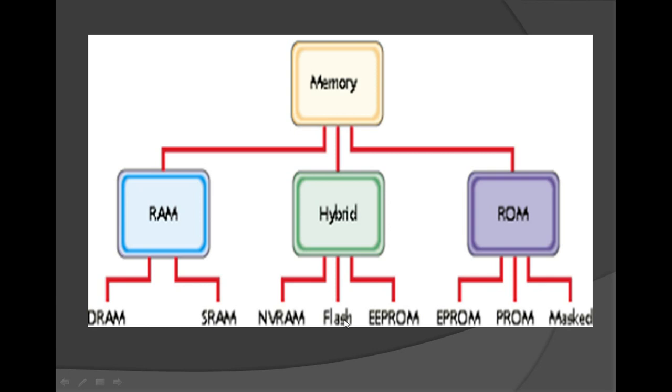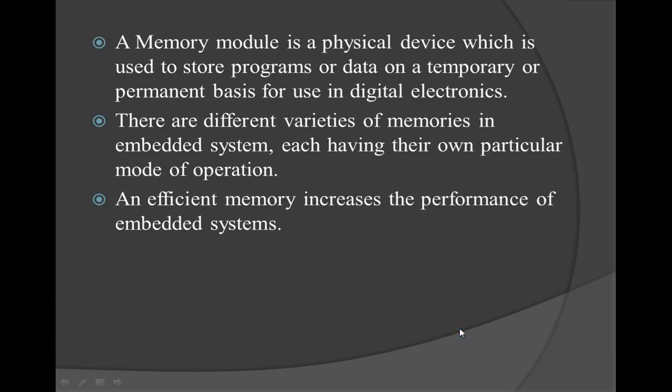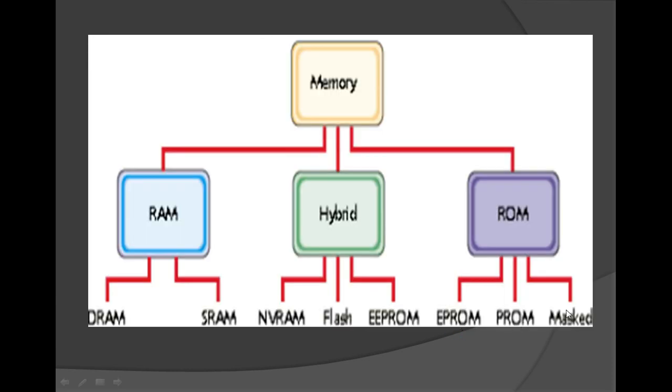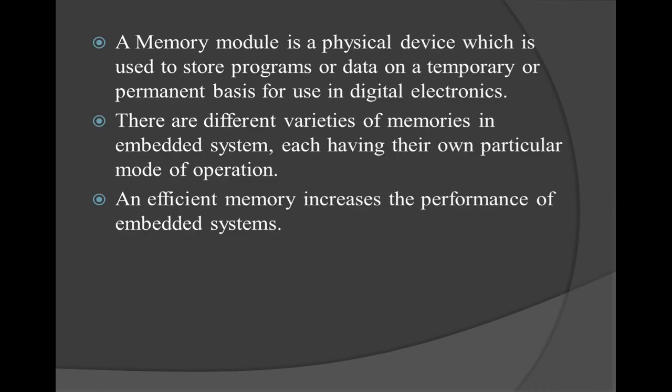The hybrid is classified into three types again, that is NVRAM, flash, and EEPROM, and the ROM consists of EEPROM, ROM and masked memory. With respect to all these kinds of memories, we are going to see one by one in detail what the different kinds of memories are.